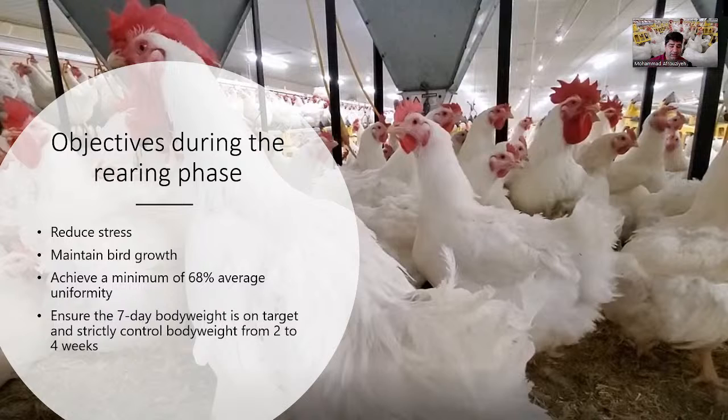It means that if you are on the target body weight, just pay attention. If you are increasing maintenance cost, they are going to use most of the energy for maintenance after 10 weeks of age, and that's why they are not going to grow very well. That would be one important thing.